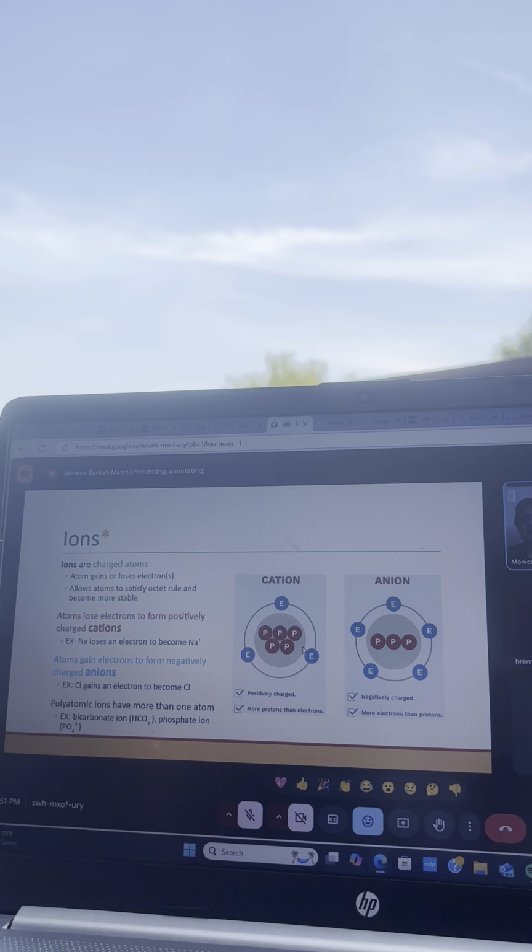And what is an anion? Negative. Example. Which one gets a negative charge? Chlorine. Yeah. Yep, you're right. So that is an anion.